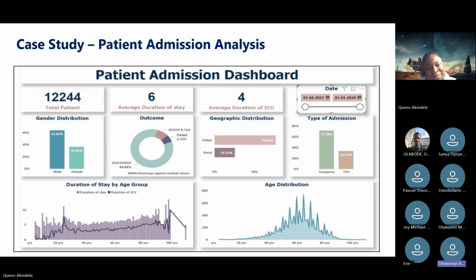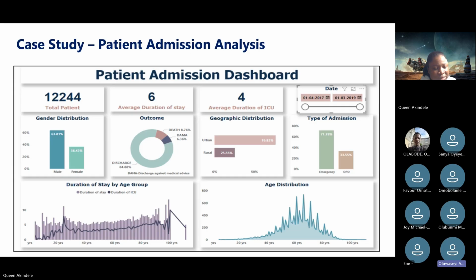If you compare the average duration of stay, that is the second chart to the last one to the right, you see it's a bit steady, around the 6 level mark. Looking at the various ages, 20 to 40, 60 to 80, before you begin to record some spikes in different ages.